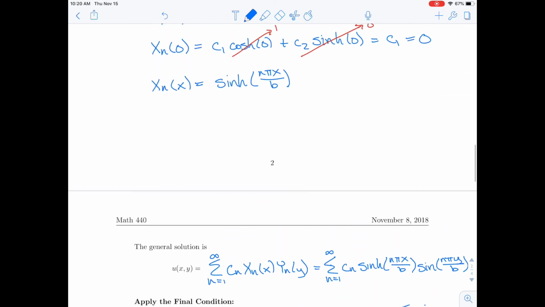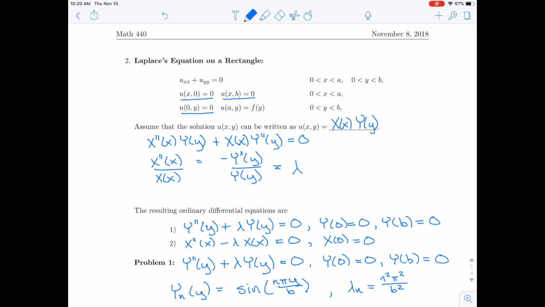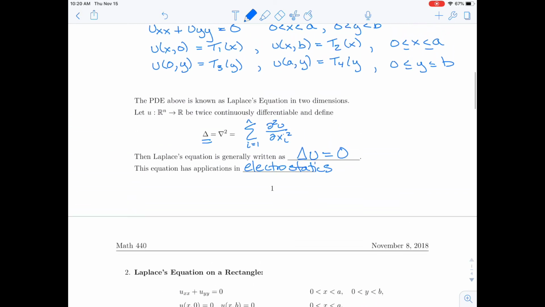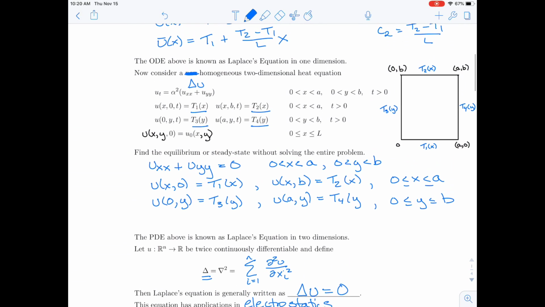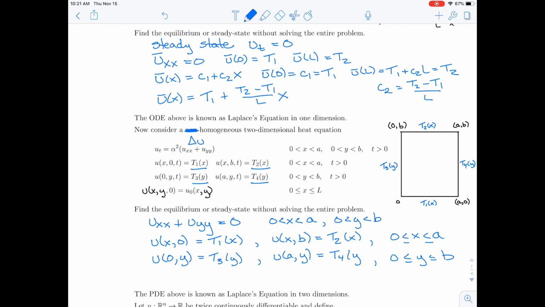Now I want to go back so that you notice that when we solved Laplace's equation on the rectangle, we had 3 of the boundary conditions equal to 0, and those were necessary in order to solve this equation. But you remember Laplace's equation on the rectangle has that the temperatures in the 4 boundaries could all be non-zero: T1 of x, T2 of x, T3 of y, and T4 of y.